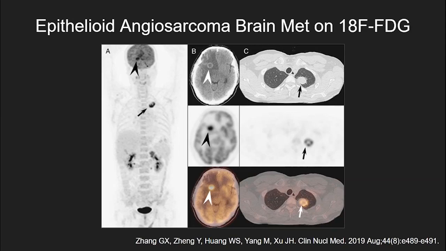So this is an example of a solitary brain metastasis with intense FDG uptake above parenchymal background uptake, which could be imaged with FDG PET-CT.